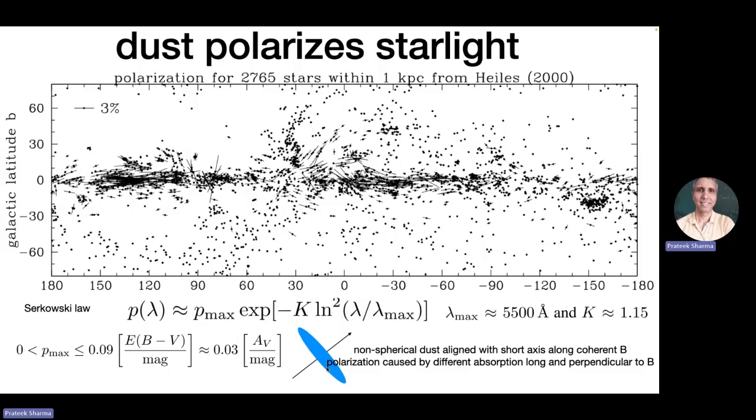But dust is thought to align like this, with its minor axis along the direction of the magnetic field. And if magnetic fields are coherent over some length scale in the ISM, this polarization... assume that our line of sight is into the plane.